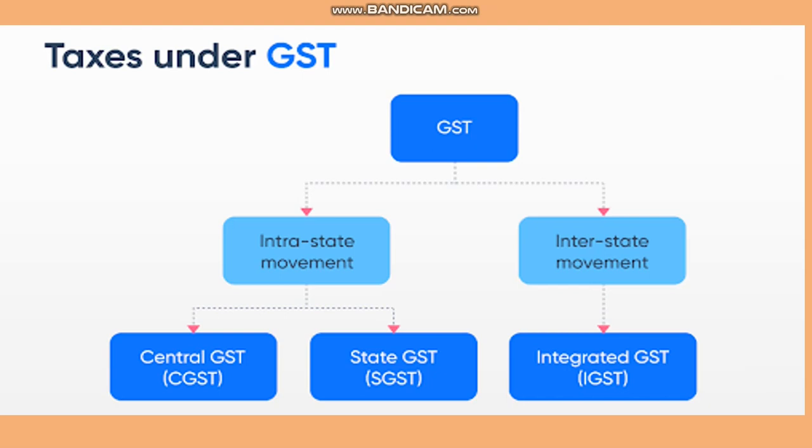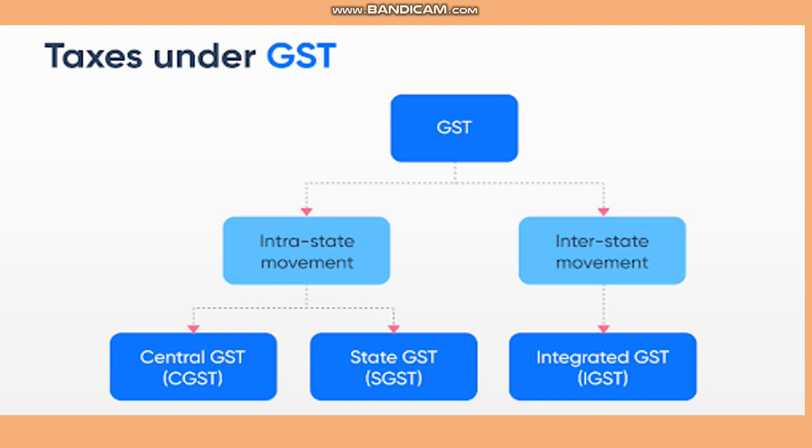Intrastate supply means movement of goods or services takes place within a state. Example, suppose crackers move from Sivagasi to Madurai, Sivagasi to Coimbatore, Sivagasi to Chennai, it is called intrastate movement.